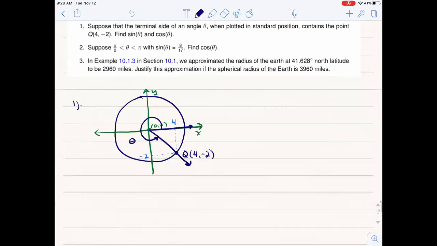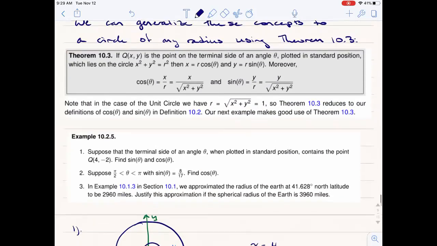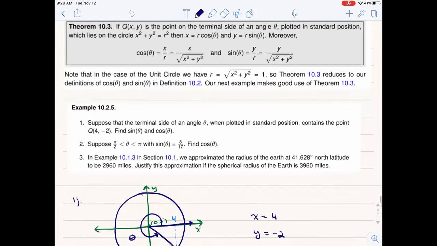So what we know is that x is 4 and y is -2. From the theorem, now we're not on the unit circle anymore, so we have to take into account r. We don't know what r is, but we can solve for it, because then we'll be able to find that cos theta is x over r and sine theta is y over r.